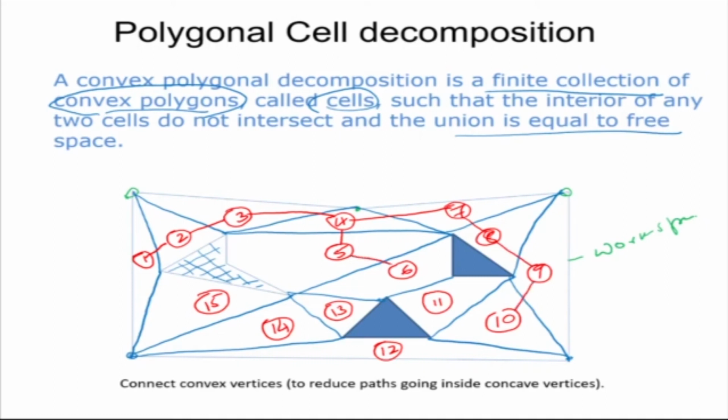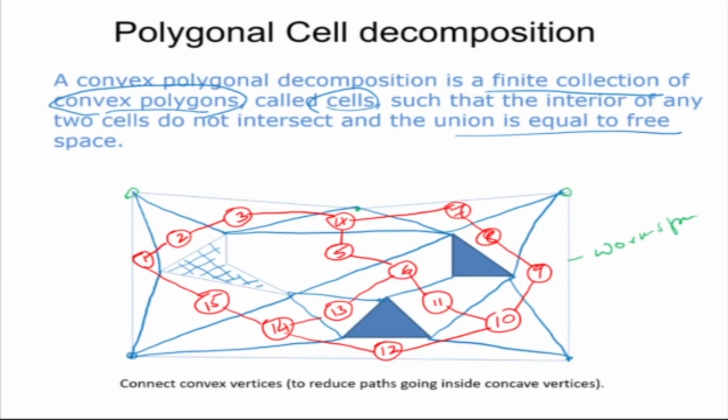Now 5 is also connected to 6, 6 is connected to 11, 11 is connected to 10. Now 1 is also connected to 15 and 14. There is a connection here also, one here and one here. So these are all the connections in between the cells.